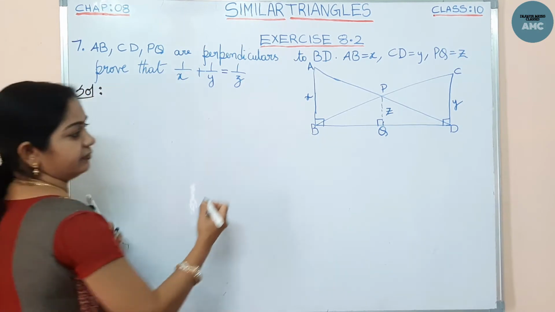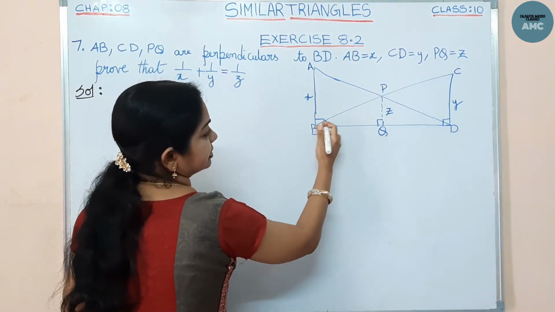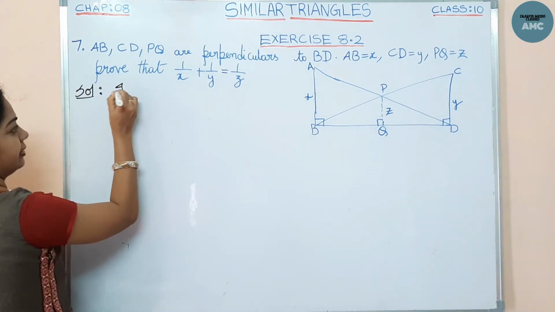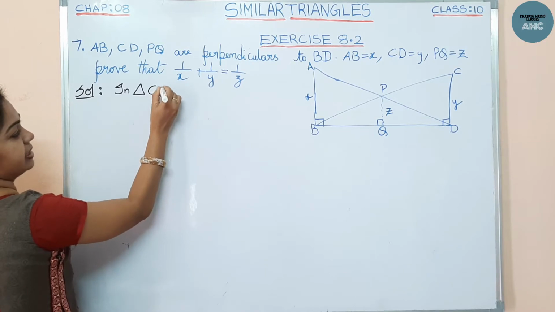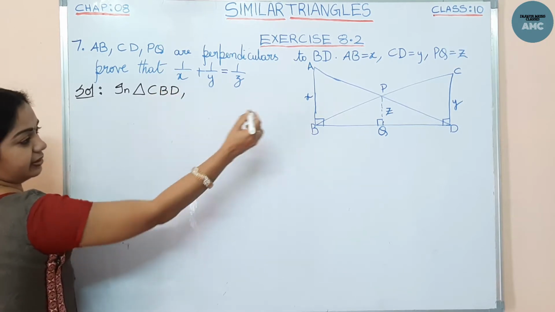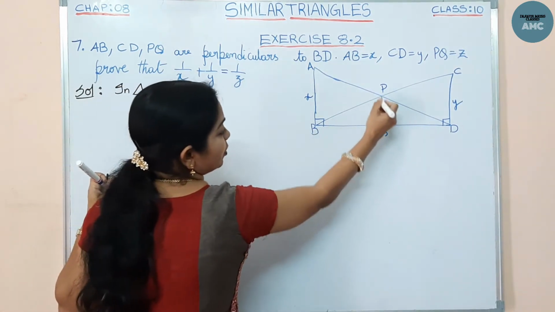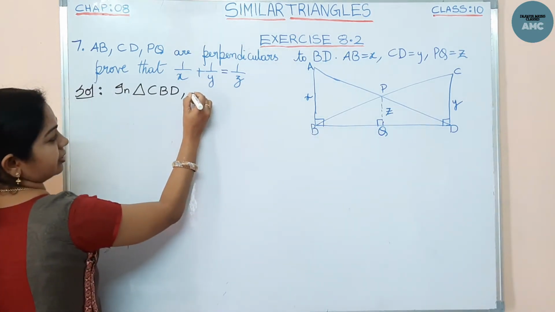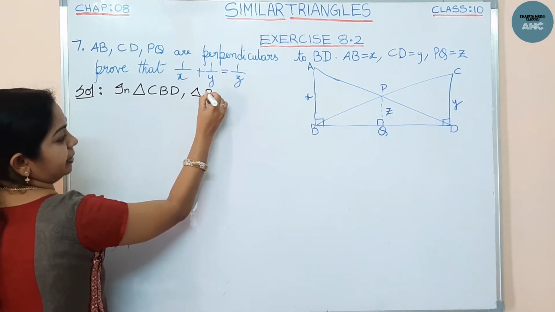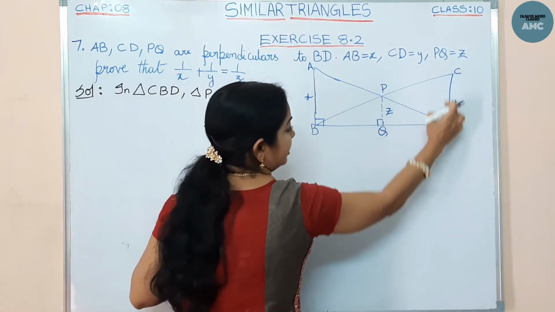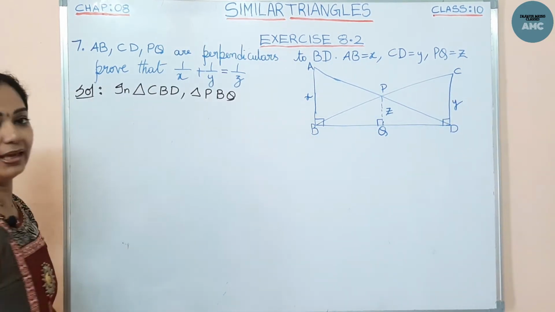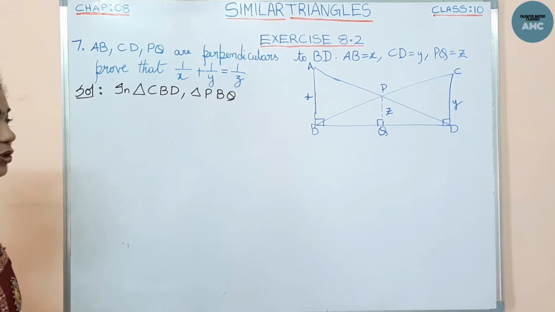Here we will consider these two triangles, this triangle CBD, and the smaller triangle PBQ. See here, this smaller triangle and the bigger triangle, CBD and PBQ.